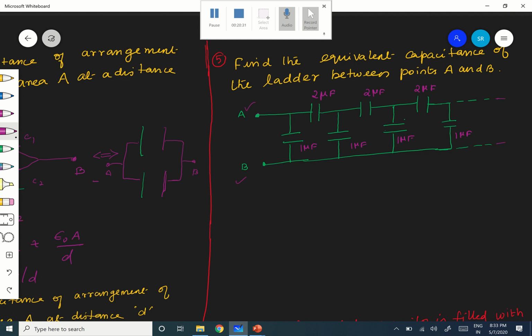Let C be the equivalent capacitance. Let it be CAB, the equivalent capacitance of the infinite network. Okay, right. Therefore, how to solve it?